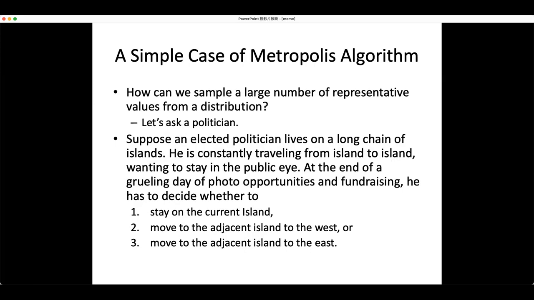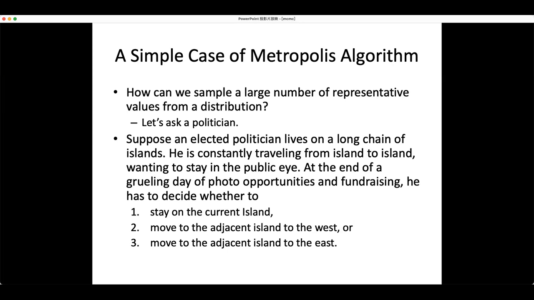He is constantly traveling from island to island because he's a candidate for the next election. He wants to stay in the public eye, so that everybody knows who he is, and in the next voting he can get more votes.